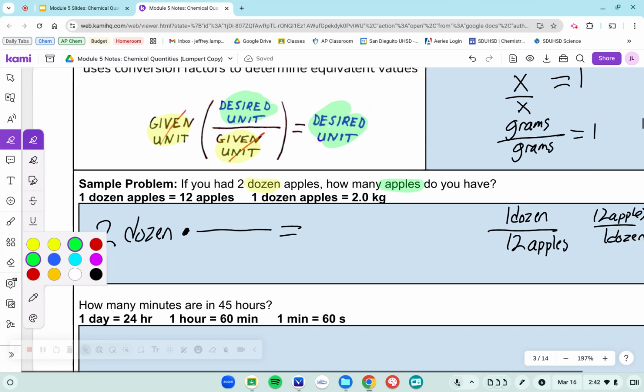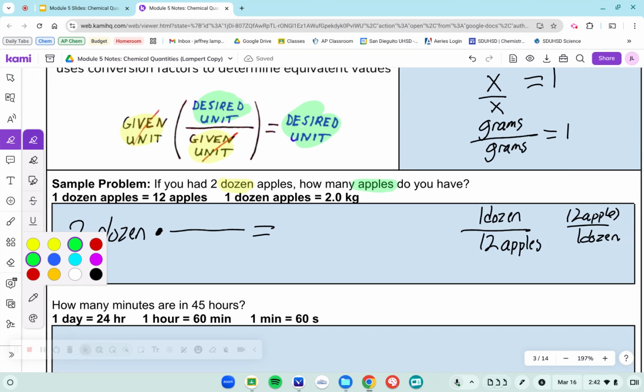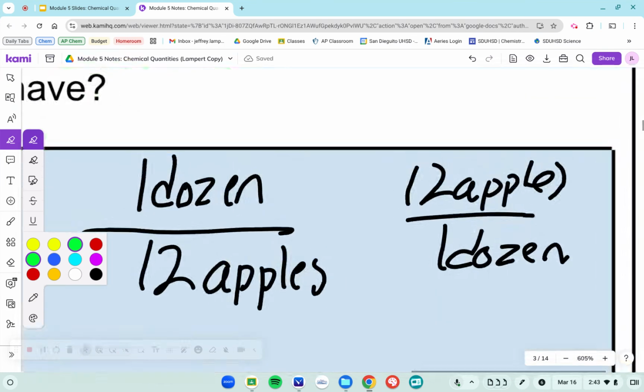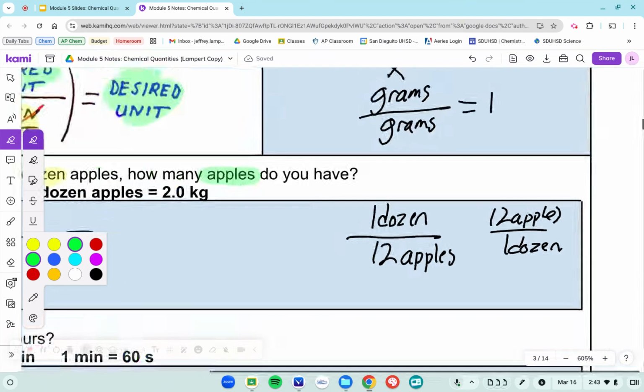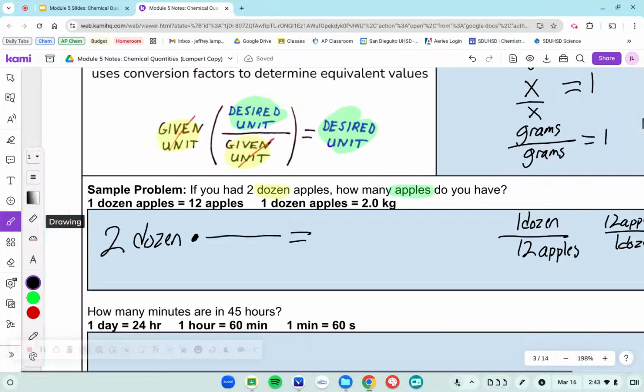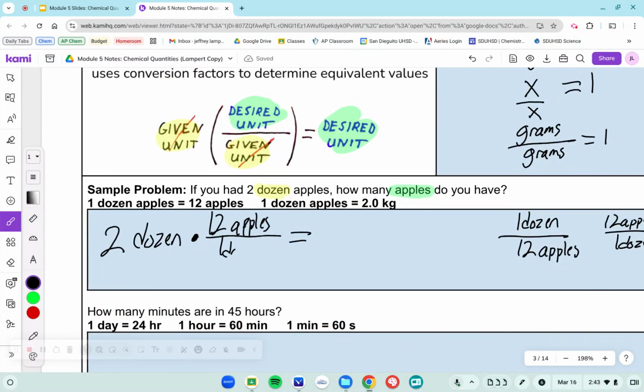So then based on that, which one has our given unit on the bottom, desired unit on top? Left or right? Right. Do we understand now? Okay. So now I just need to fill in. So I have 12 apples on top, 1 dozen on bottom.